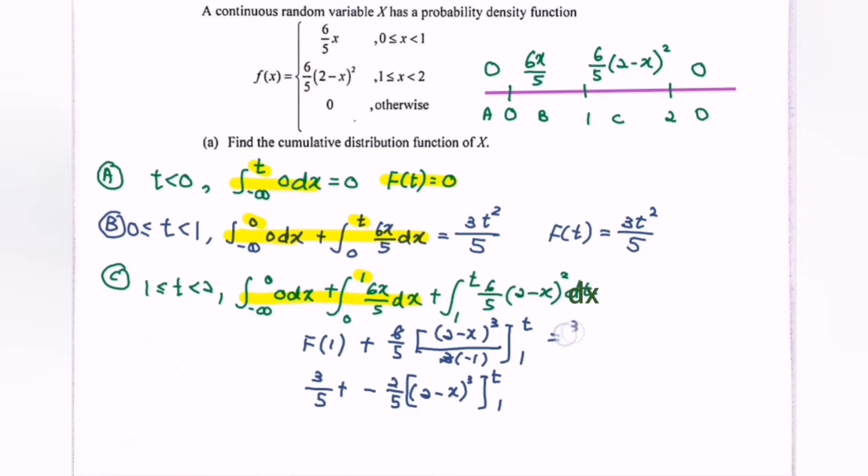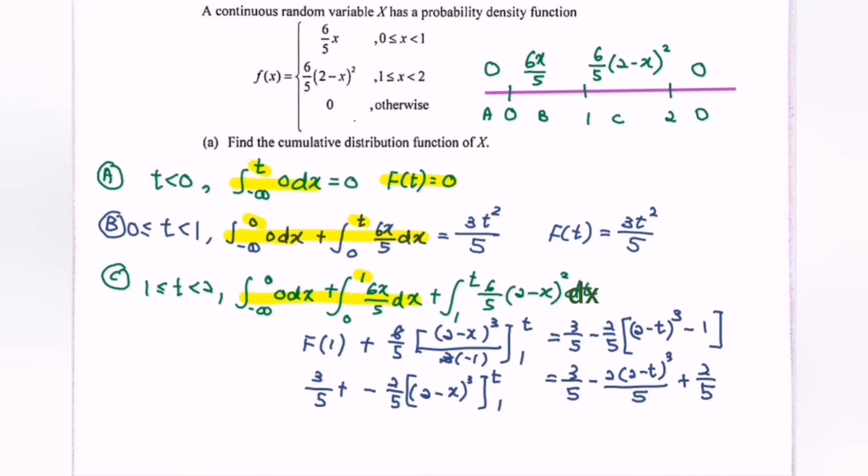So in here we have 3 over 5 minus 2 over 5, and we have the bracket. If we substitute t, we will have 2 minus t bracket to the power of 3 minus, if we substitute 1, we will have 1. So if we simplify, 3 over 5 minus 2 multiplied with 2 minus t bracket to the power of 3 over 5, and then we have plus 2 over 5.